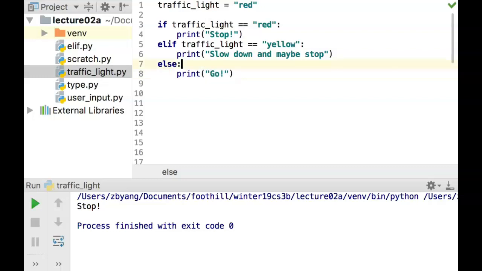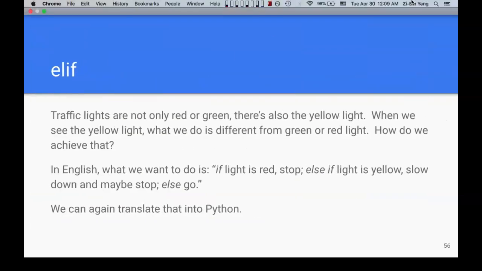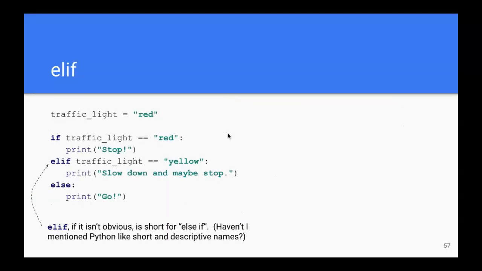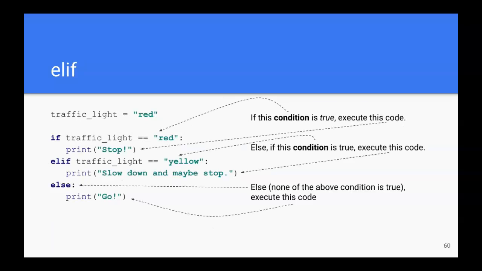Okay, and then after it executes this block of code here, it will then go on to the next line, whatever that might be. Okay, that's all, if you need some review. And that's basically the elif keyword.